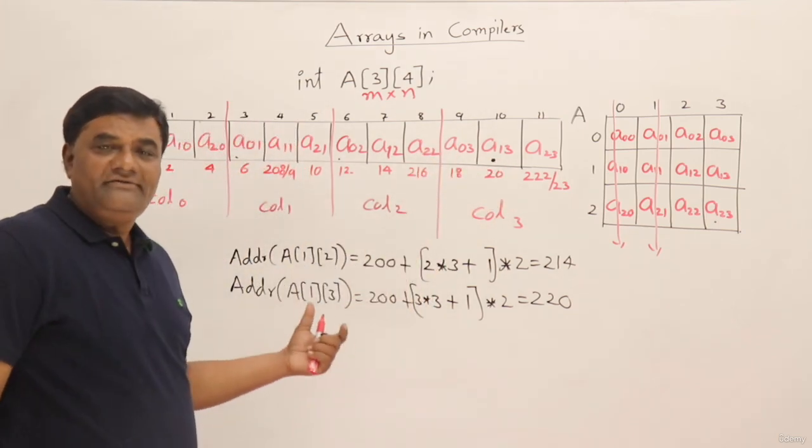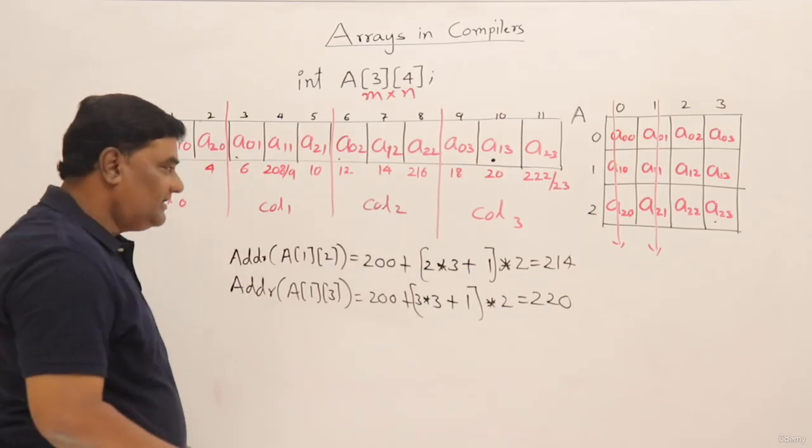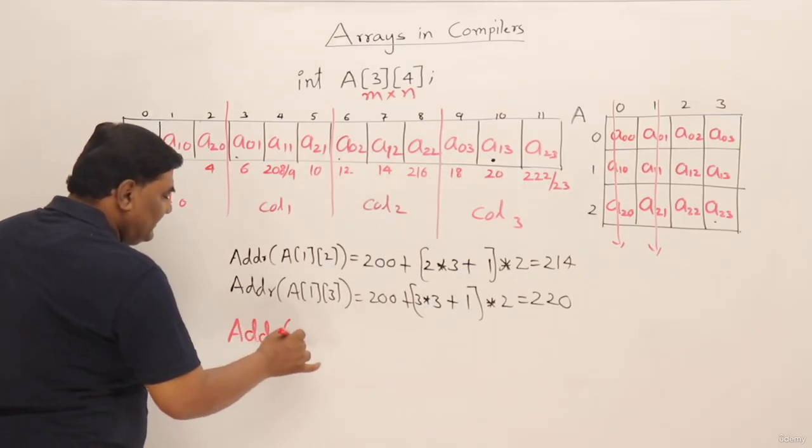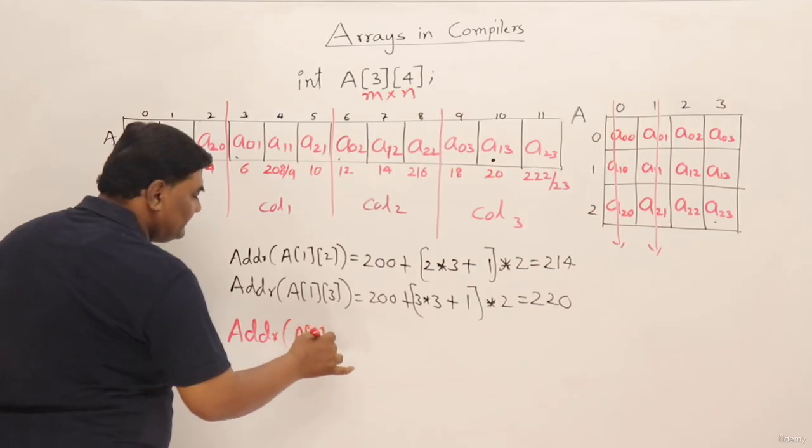So now we have 2 examples. We can prepare a formula for any index A of i, j.